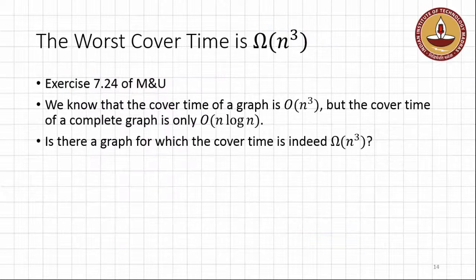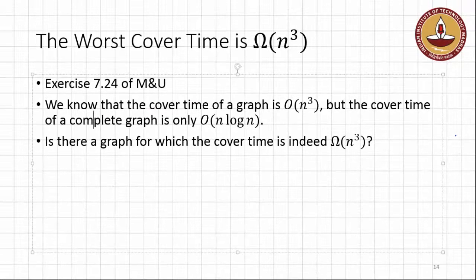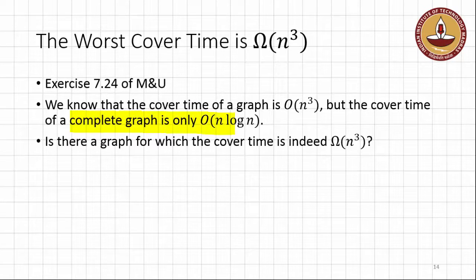Now the interesting question, based on exercise 7.24 of the Mitzenmacher and Upfal textbook. We know that the upper bound on the expected cover time is O of n cubed. For example, for the complete graph on n vertices, the cover time is just O of n log n. So some graphs have very high cover time, some very fast cover time.